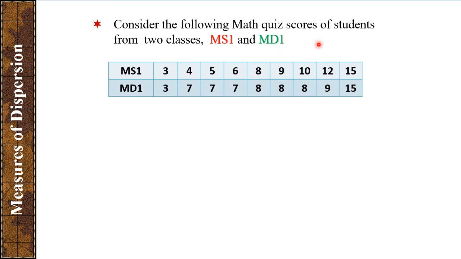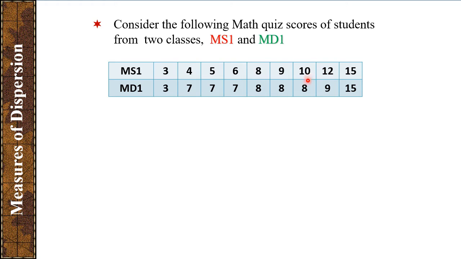Right, so let's take a look at the example here, comparing the marks of the math quiz for class MS1 and also class MD1. As you can see here, we arrange the data in ascending order, and MS1 got the higher marks.